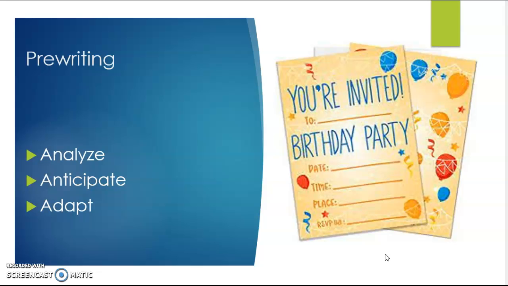So now let's take the birthday party concept and think about that in terms of business writing. Let's stick to those basics. Let's let the reader know need-to-know information only, okay? Analyze what's important to them, highlight the what's in it for me, and then adapt your message accordingly.